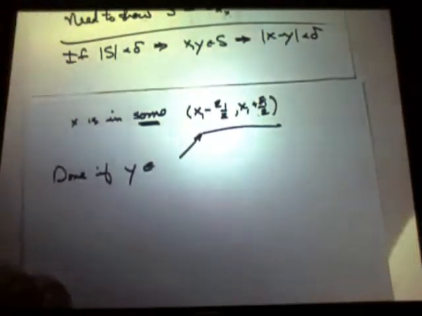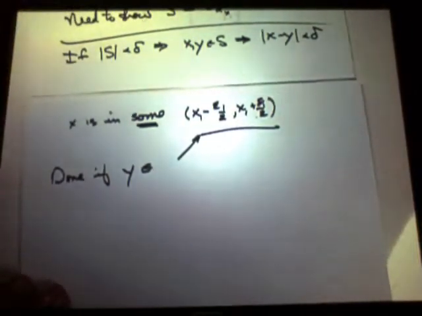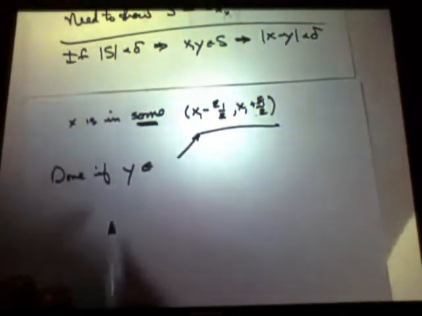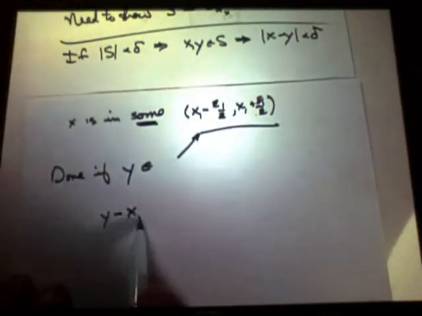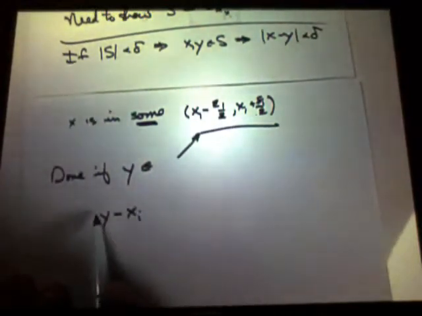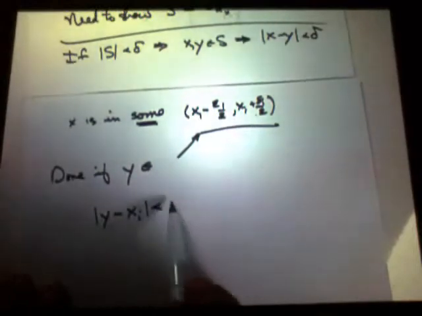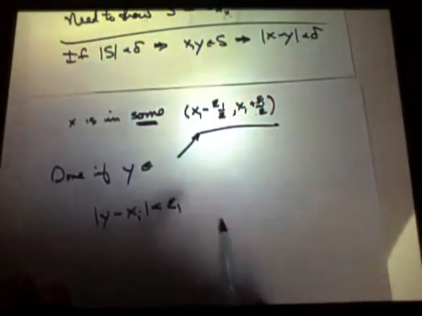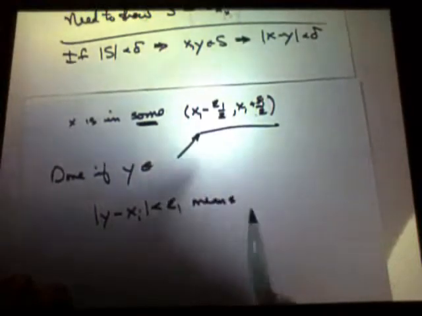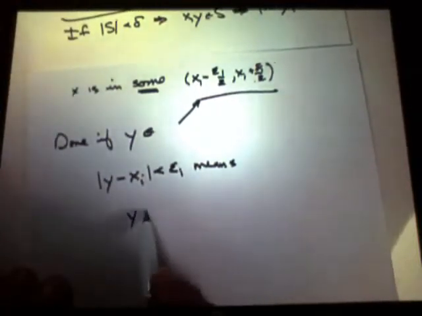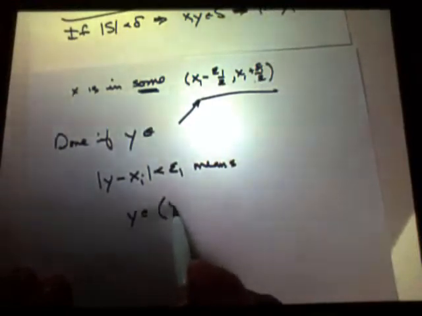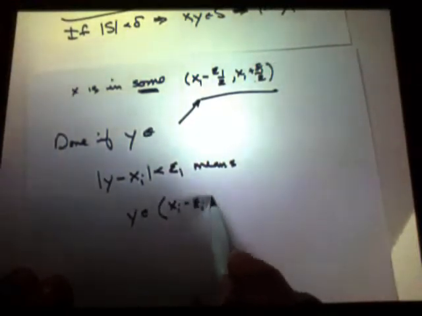So the distance between y and x_i is less than epsilon i, not epsilon i over 2, which means that y is in this baby.